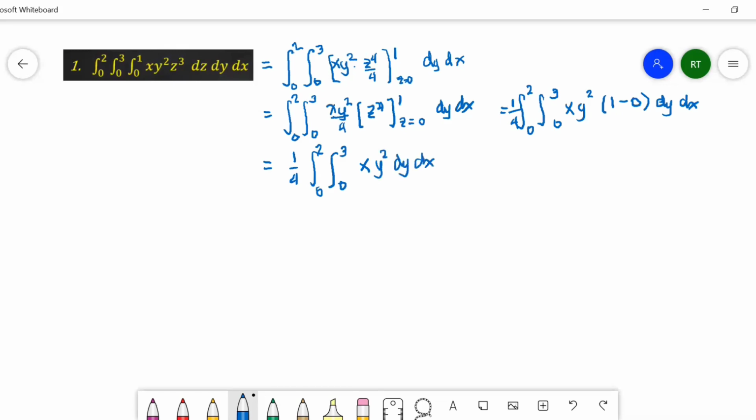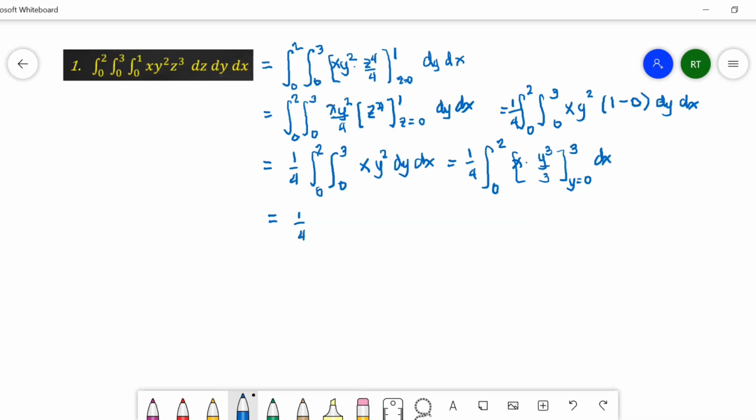This time we will evaluate the inner integral in y, and x is temporarily held as constant. So we have 1 over 4 integral from 0 to 2, and holding x as constant, integrating y squared dy will give us x times y cubed over 3, and y will go from 0 to 3, times the differential of x. Now we can again write 1/3 before the integral sign.